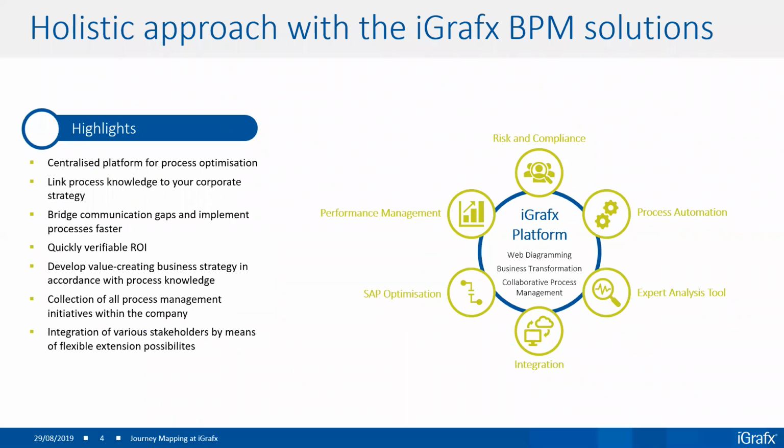iGrafx basically consists of a web portal for process management, with which you gain a lot of time and transparency. Individually adapted to your own needs, you can add more modules, so you activate only as much as you actually use, because not everyone needs, for example, the SAP integration. In the area of risk management, we are at the forefront with our development of ROPE, with which we combine risk management with automatic workflows.